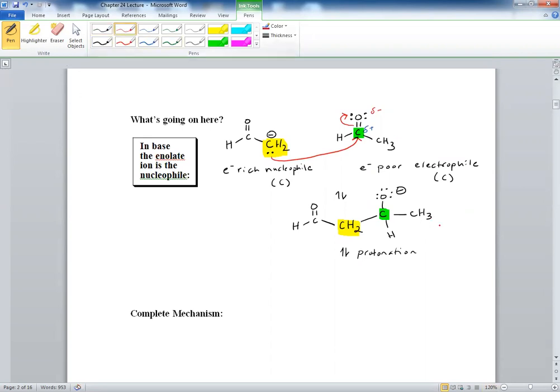These are bad leaving groups. Almost impossible for them to leave. So after you protonate this, you form the beta hydroxycarbonyl.